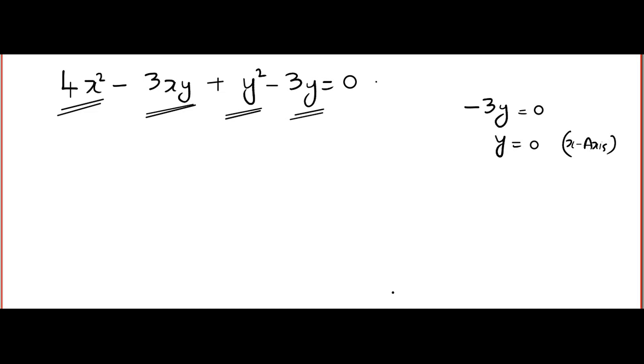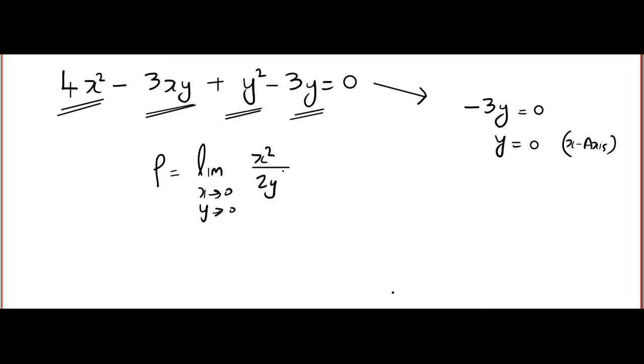So did you understand the shortcut to find the tangent at the origin? Very simple. Find the terms which have the lowest degree and equate them to 0. Okay, so clearly the x-axis is a tangent. So the radius of curvature is given by limit x tends to 0, y tends to 0, x square by 2y.